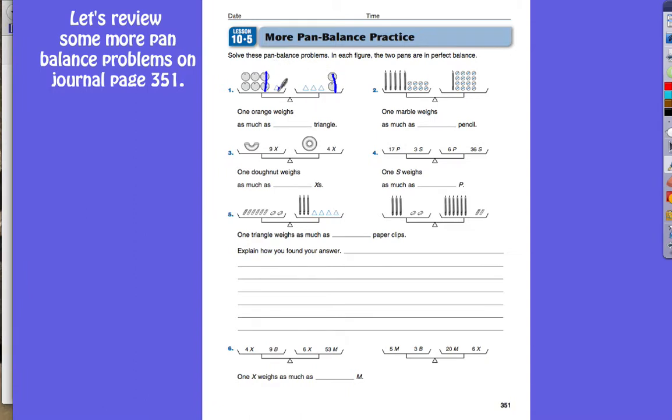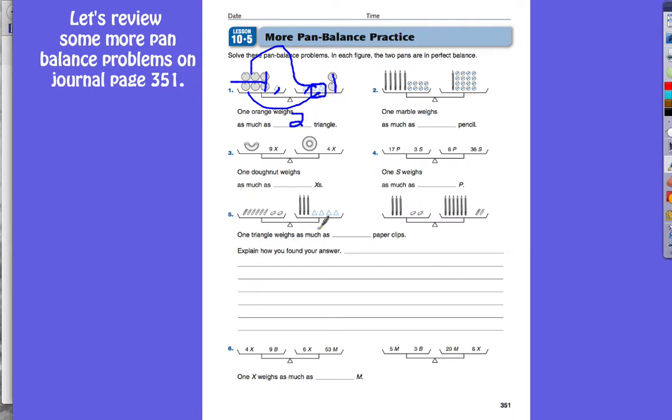And we can get rid of 1 triangle and 1 triangle because they're 1 on each side. So now we're left with 2 triangles and 4 oranges. We have to get it divided into equal groups. So 2 oranges will go with this triangle and 2 would go with that. So that would equal 2.